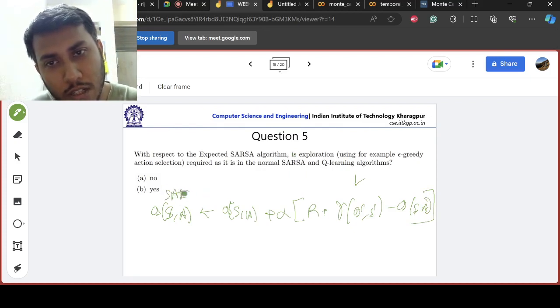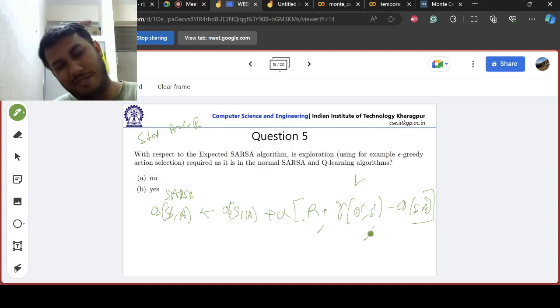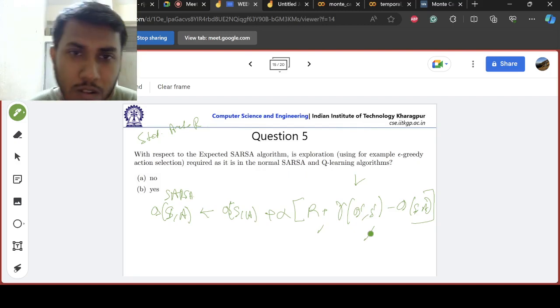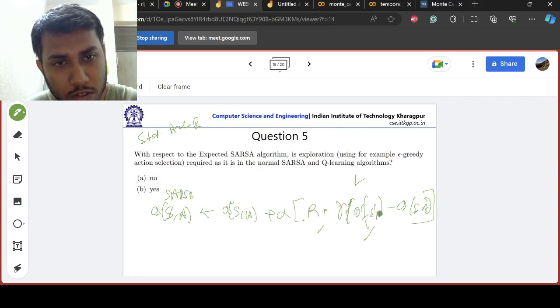Why is it called sarsa? Because you have a state, against your action you get a reward. This is your reward, this is your next state and action, right? So, okay, fine. Sorry, Q of s dash comma a dash, right?